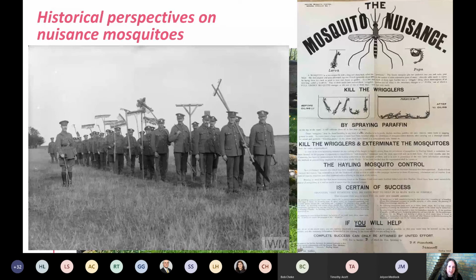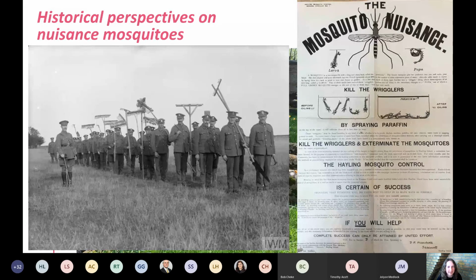set out on the North Kent marshes to clear drains and ditches of vegetation that might help communities of malaria carrying mosquitoes, because troops were coming back from the First World War and reinfecting local mosquito populations. So this then evolved into more of an issue with nuisance biting, and this is explored in a little bit more detail in Peter's chapter on historical perspectives.